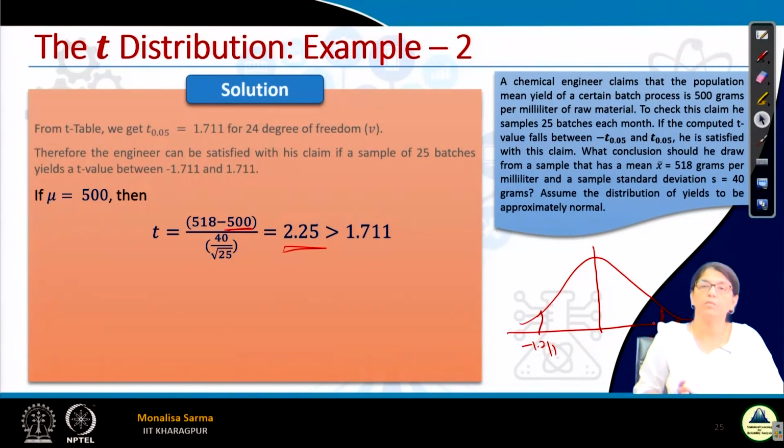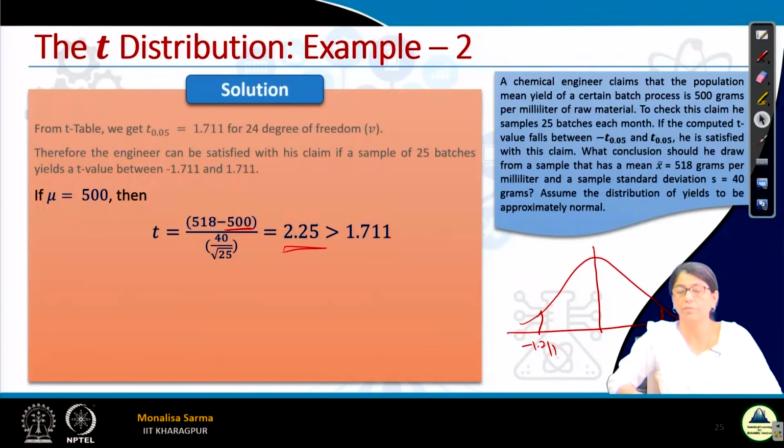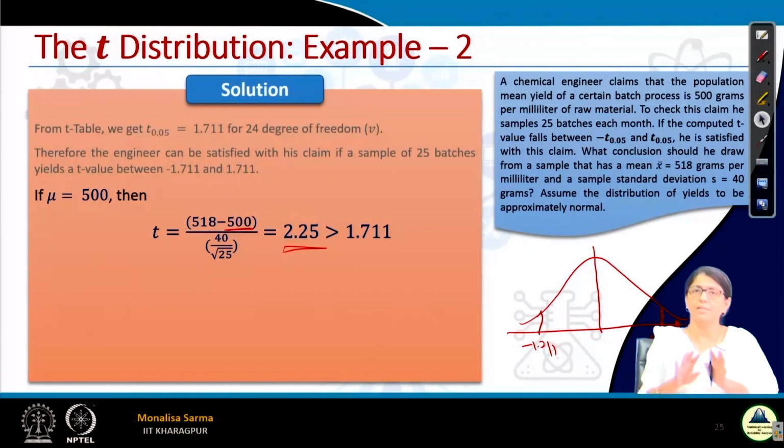That means the probability of that occurrence is very low, a very remote probability. That means whatever he is claiming, that the mean yield is 500 grams, is not true. The sample is something we have collected and tested, it cannot be wrong, it is giving us the true picture. So if the claim were true, this should have been true. But taking that as true, I got a very low probability. That means what I have assumed for the population mean, 500, is not correct.